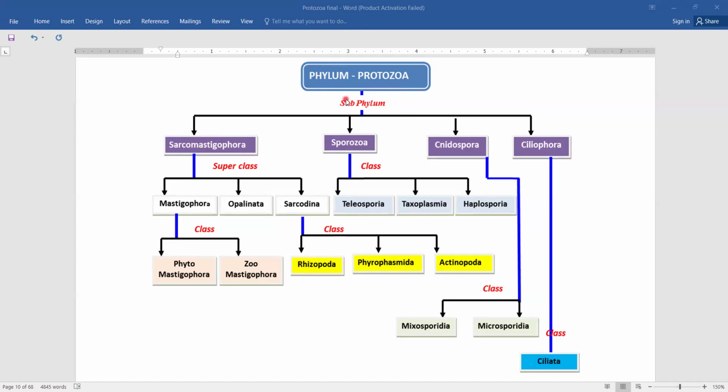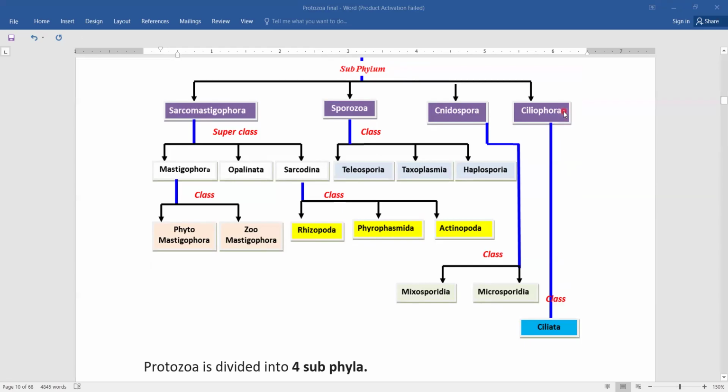Once again, I'm repeating: protozoa is divided into four subphyla: Sarcomastigophora, Sporozoa, Cnidospora, Ciliophora. From right to left, Ciliophora has only one class. Cnidospora has two classes: Myxosporidia, Microsporidia.